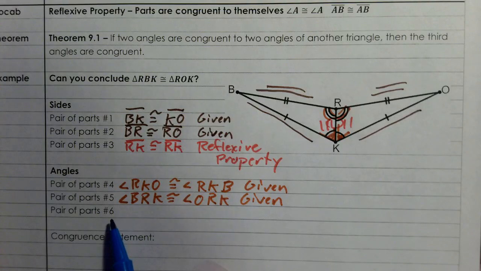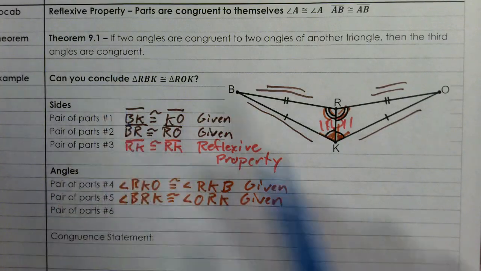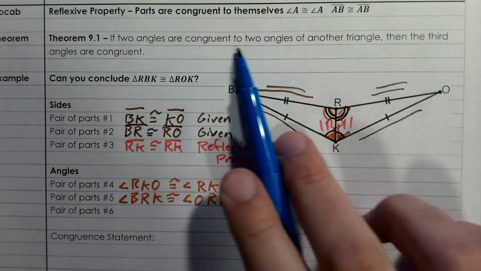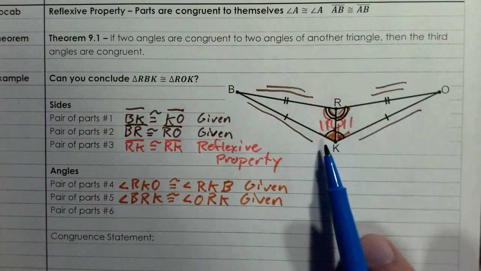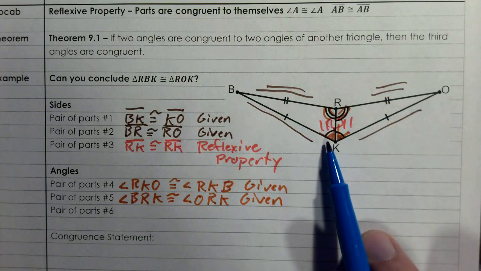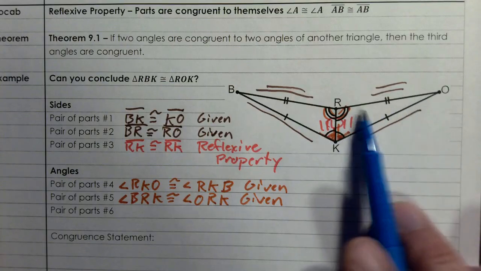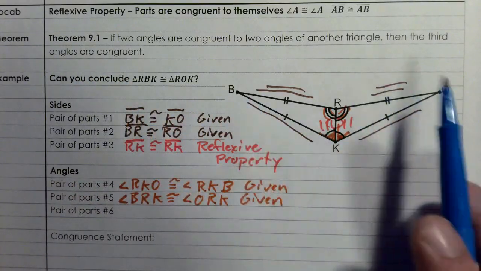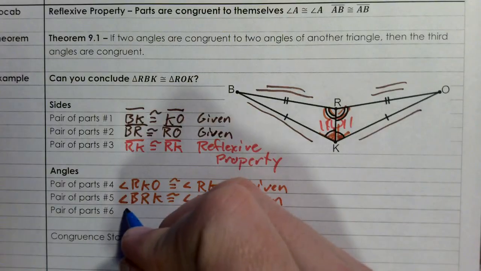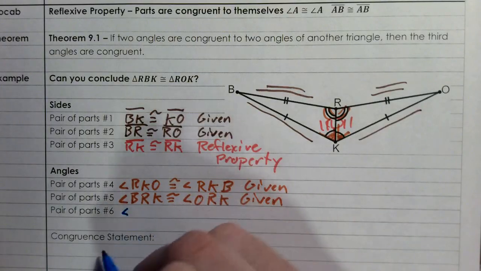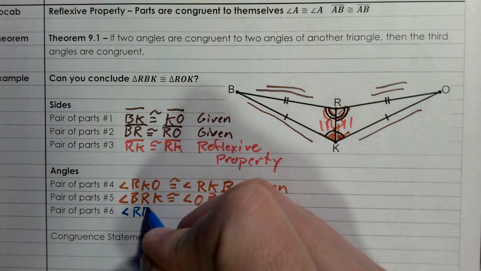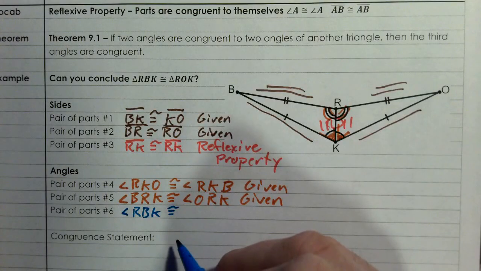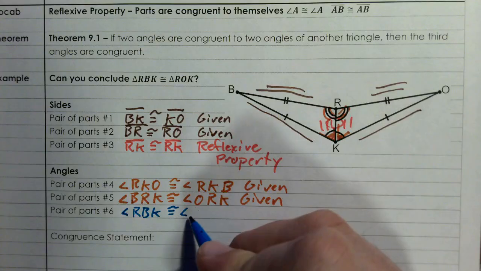Now we've got one more angle to deal with, and we're going to use little theorems to help us out here and there. Here's one that's helping us in this problem. If two angles are congruent to two angles of another triangle, hey, that's happening right here. I've got two angles in this triangle, two angles in this triangle over here. Then the third angles are congruent. So B and O have to be congruent. So angle RBK has got to be congruent to angle ROK.